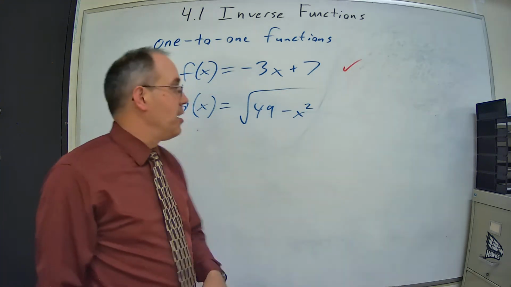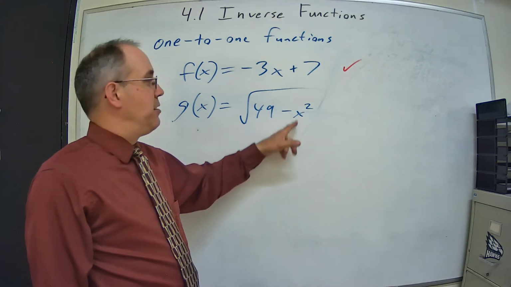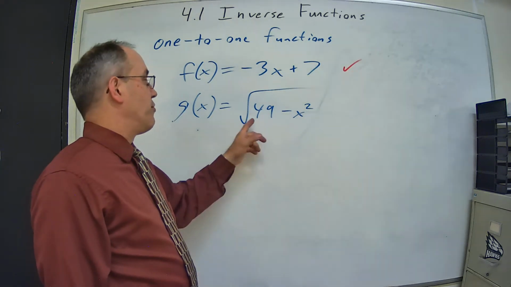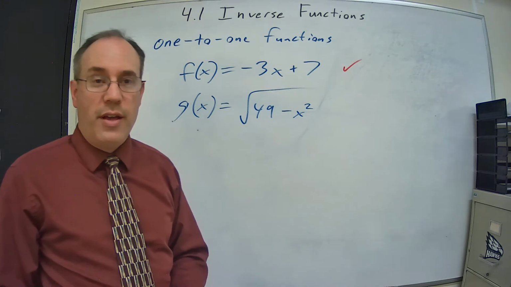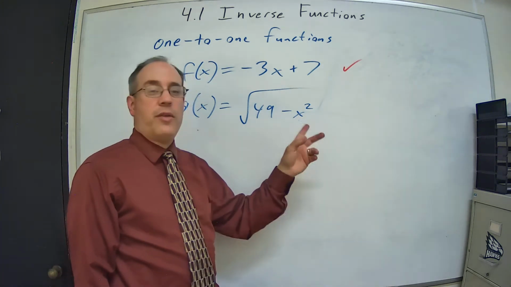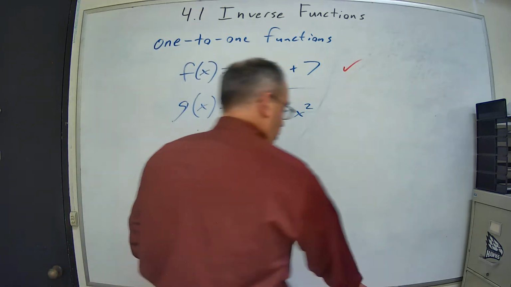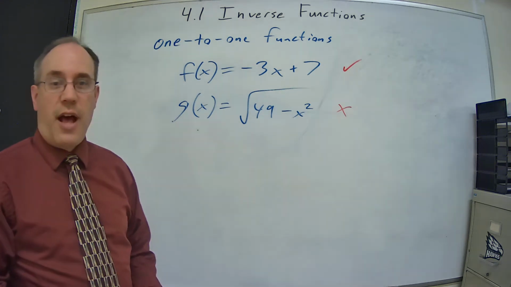Fine. But if I plug in negative 2 squared, that also gives me 4. So 49 minus 4 is 45, the square root of 45. So we've got a problem. Negative 2 and positive 2 both give us the same result. So no, that is not a one-to-one function.